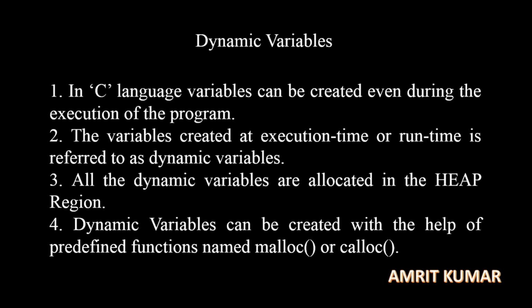So what we have studied point by point is that in C language, variables can be created even during the execution of the program, variables created at execution time are referred to as dynamic variables, all dynamic variables are located in the heap region, and dynamic variables can be created with the help of the predefined functions malloc and calloc. This is what a dynamic variable means.